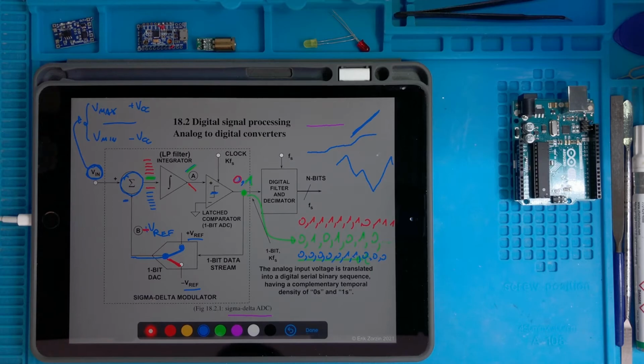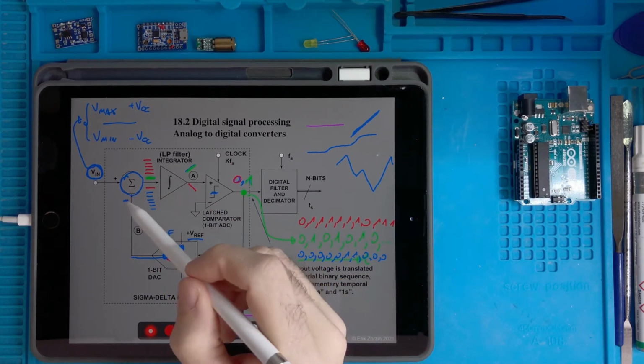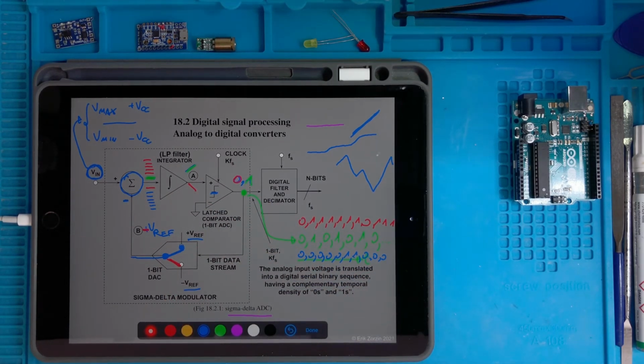So this is called sigma delta, because of this summation and maybe the difference in this differential amplifier.